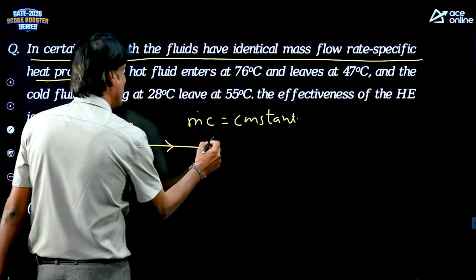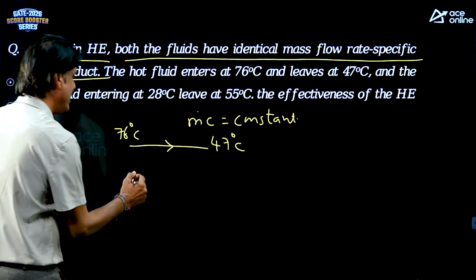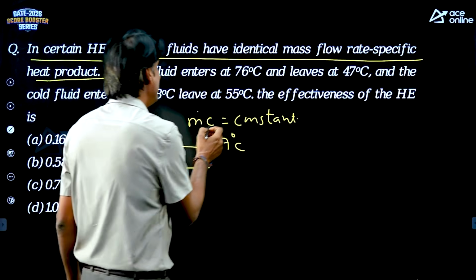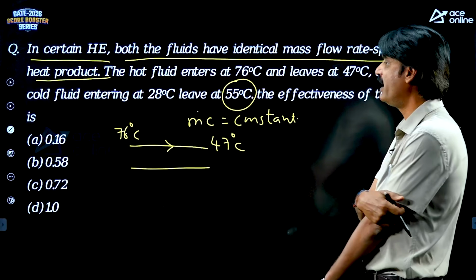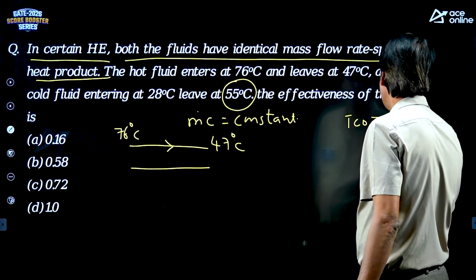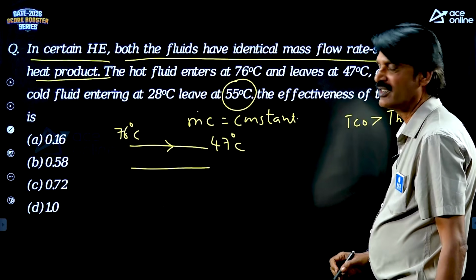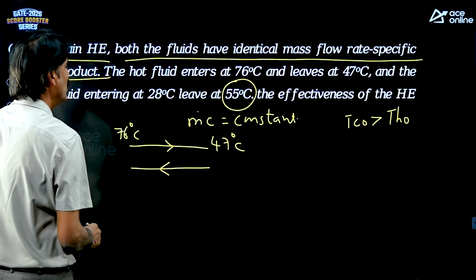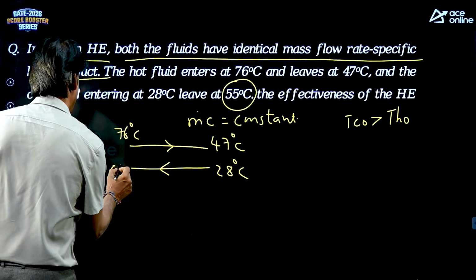Cold fluid enters at 28 and leaves at 55. See, the outlet temperature of the cold fluid is more than the outlet temperature of the hot fluid, so this should be a counterflow heat exchanger.